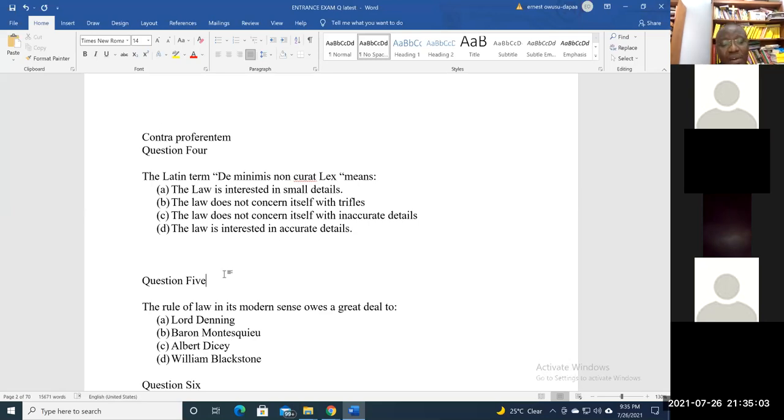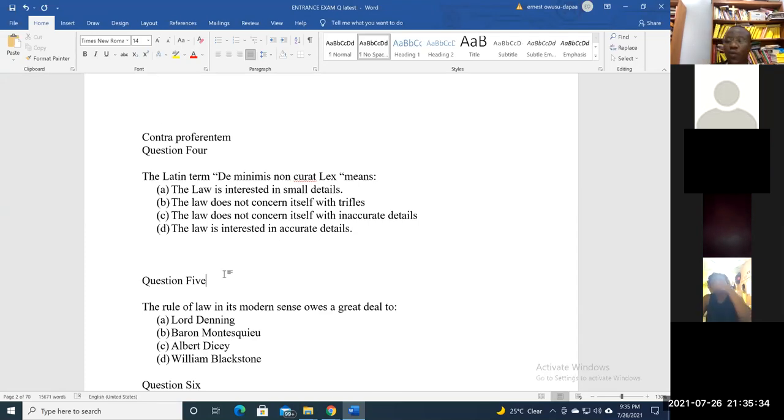And then William Blackstone. If we said that the common law owes a great deal to Blackstone, I will go for that, because Blackstone, in his various treatises and writings, brought some kind of systematic organization of the scattered principles in the various cases.